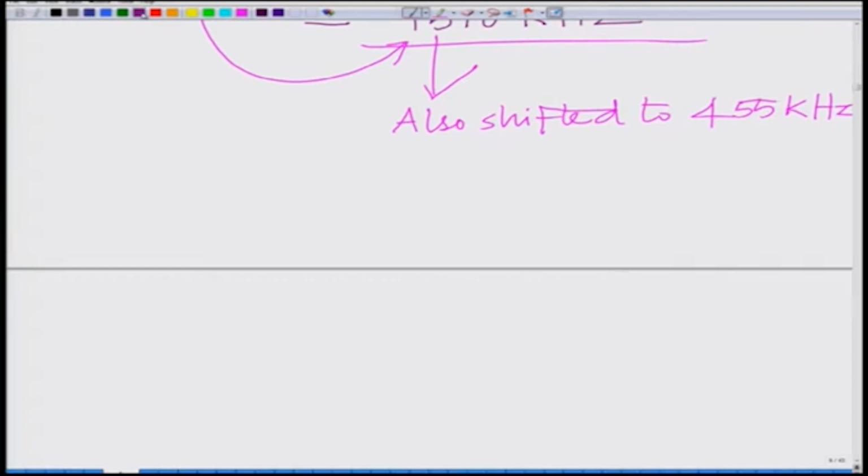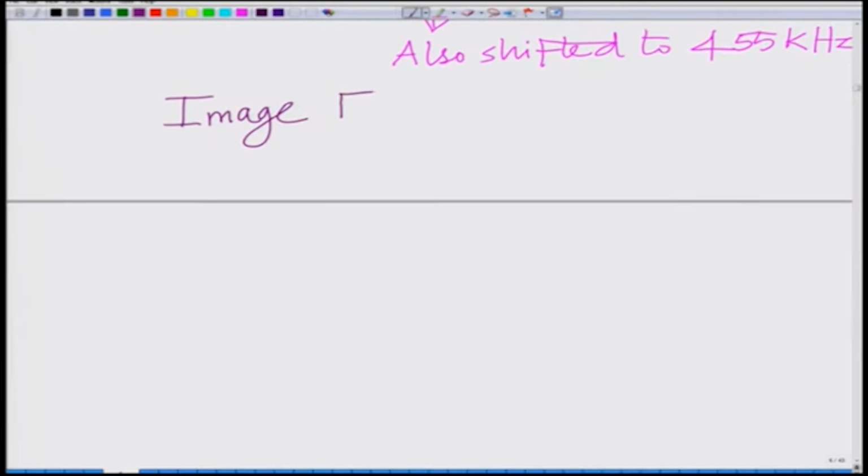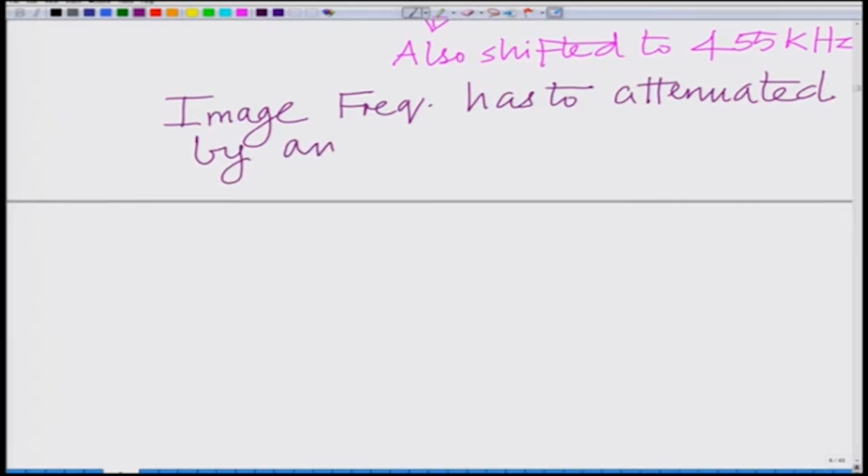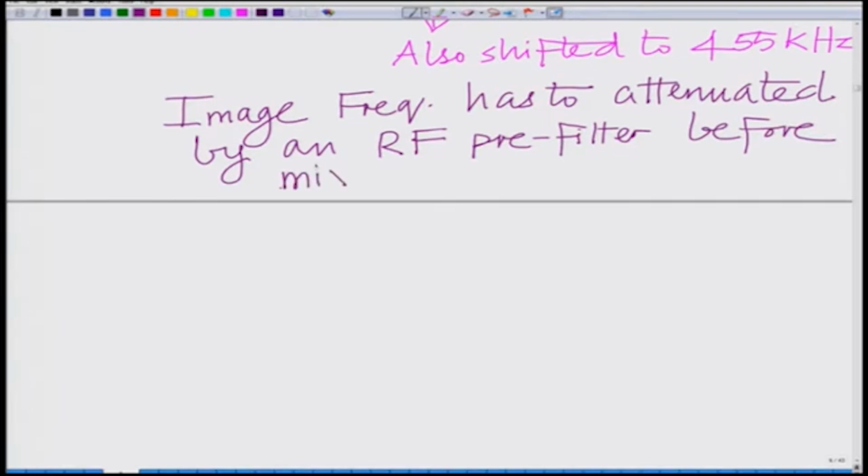So, to avoid interference, the image frequency signal has to be suitably attenuated by an RF pre-filter before mixing.